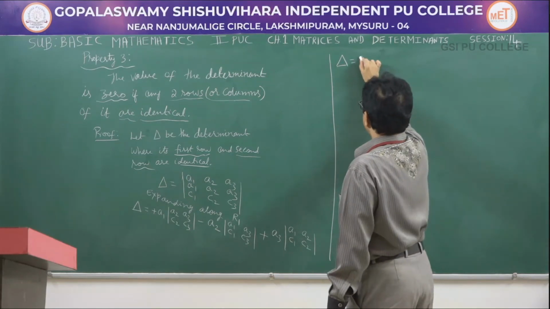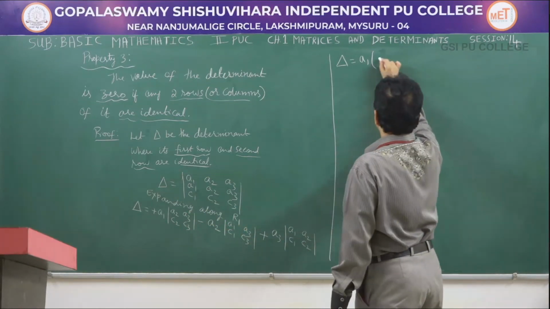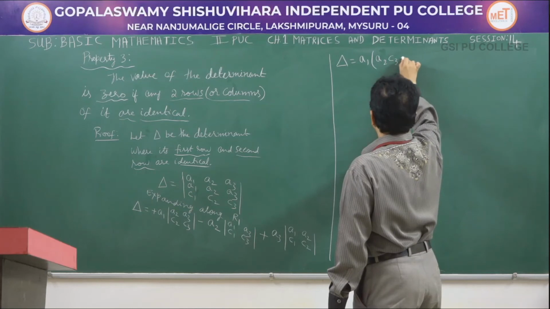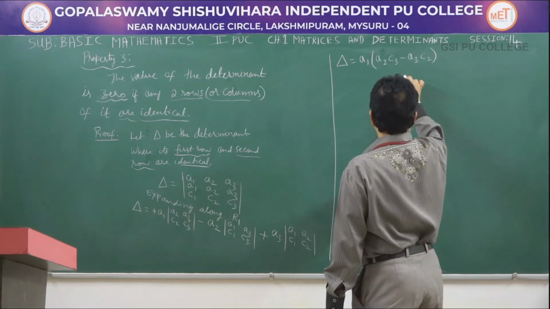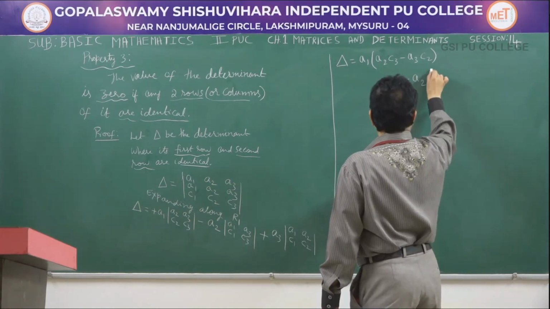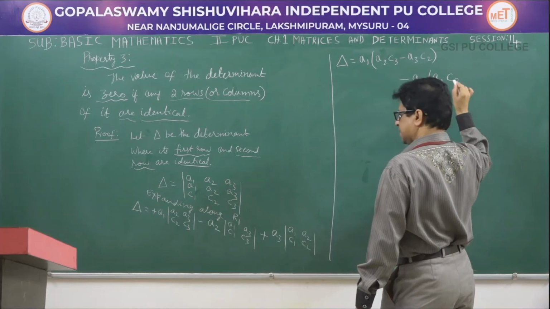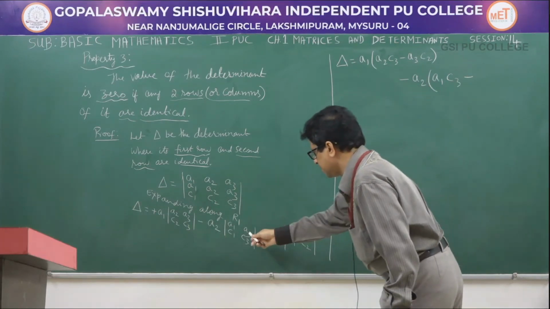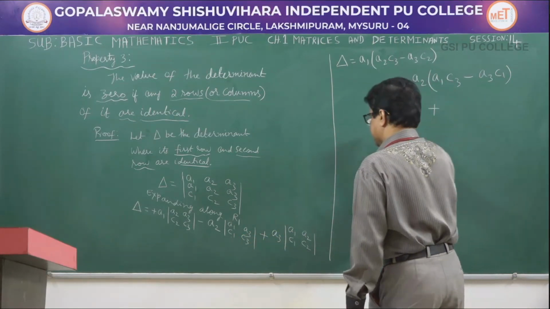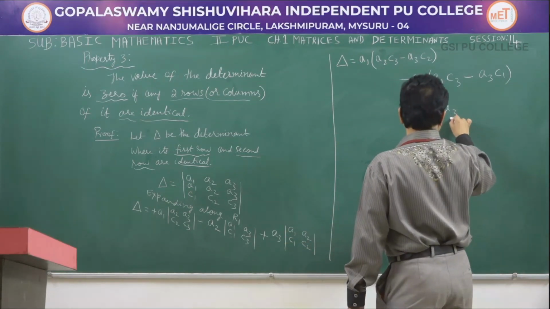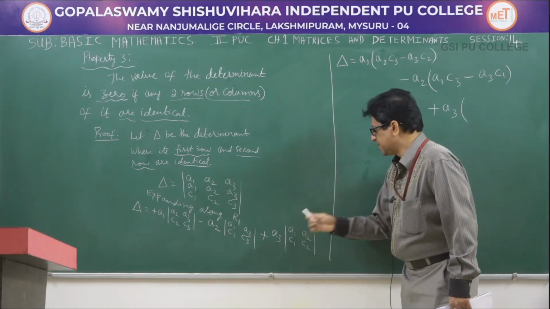So delta equals A1 into A2 C3 minus A3 C2, minus A2 into A1 C3 minus A3 C1, plus A3 into A1 C2 minus A2 C1.